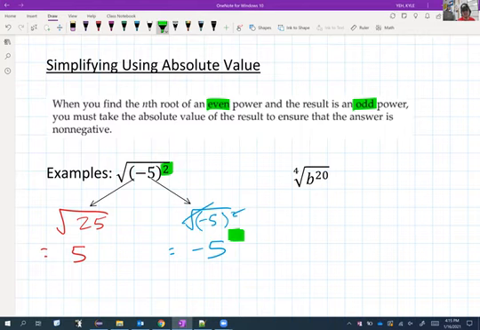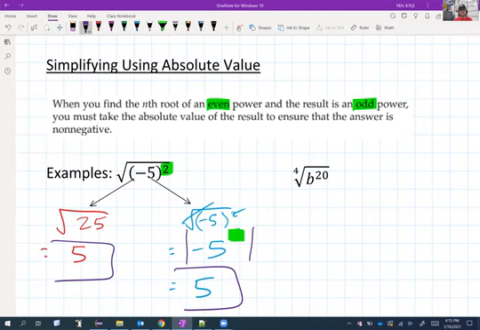There's that invisible one, right? -5 to the first power. If you go even and turn odd, then we want to make sure that we are taking the absolute value to get the exact same solution no matter how we work this problem.